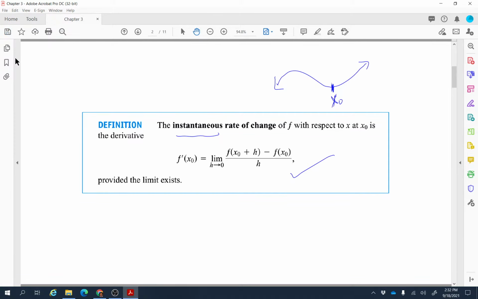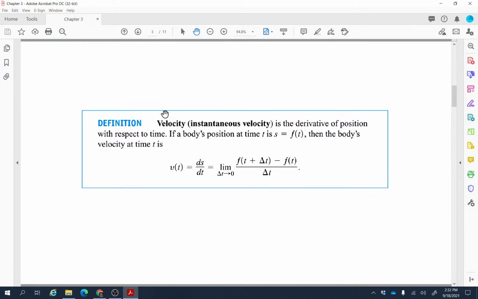One example, we can find the velocity of an object if we know the position function of that object. For example, let's say this is the position function, and it's a function of time because the position of that object is changing at each time.